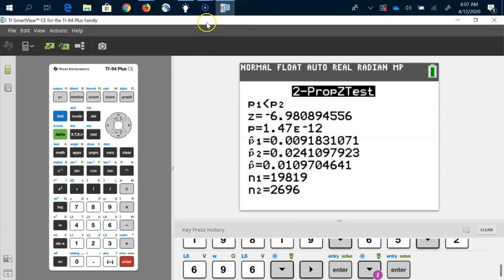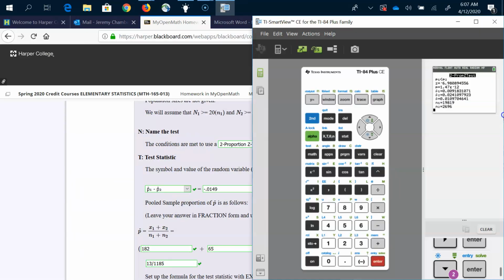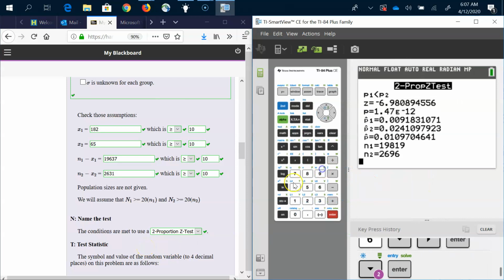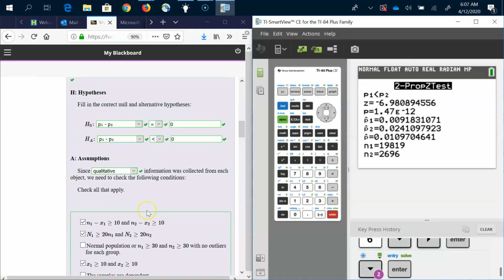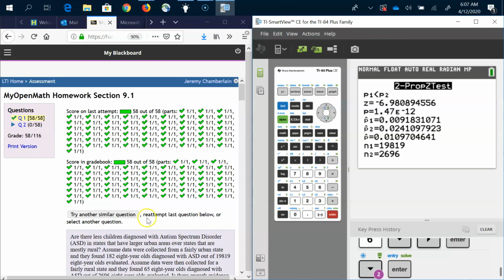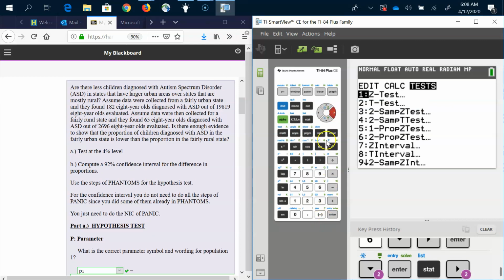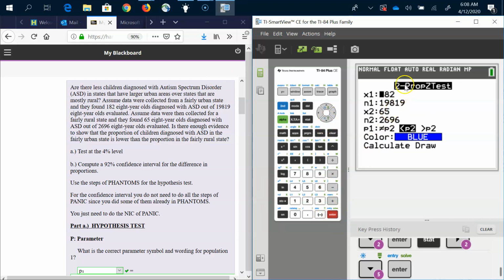Just make sure I copied all the numbers in correctly: 182 out of 19,819, 65 out of 2,696.